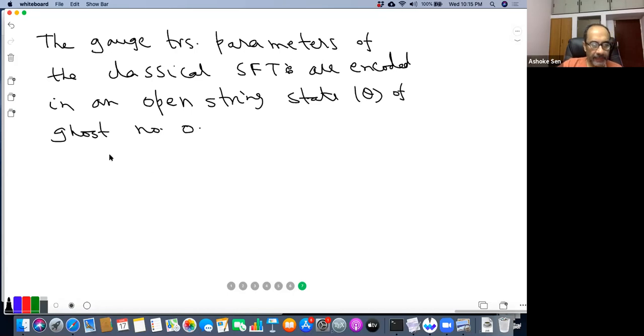Which basically means that if we take an arbitrary state of ghost number 0 and expand it out in a basis, then these are the gauge transformation parameters.